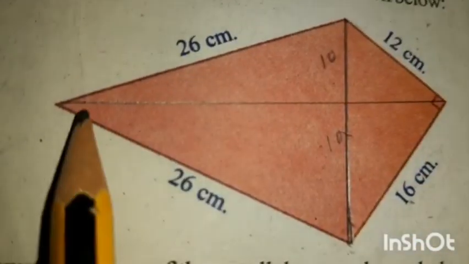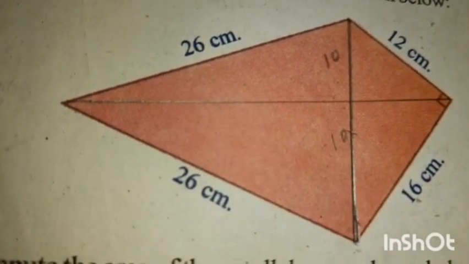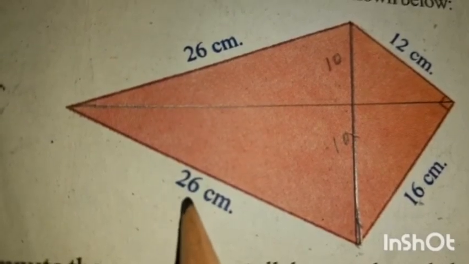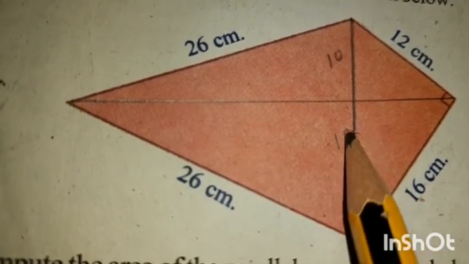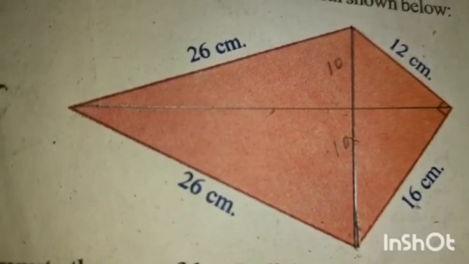Next we are finding out the height of the larger triangle. This length you have to find out. For that, if you consider this triangle, 26 is one side and 10 is here. So you can easily find out this distance.